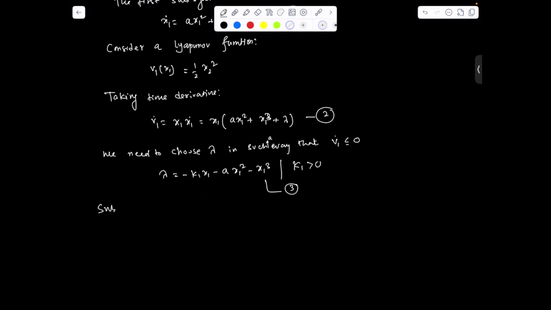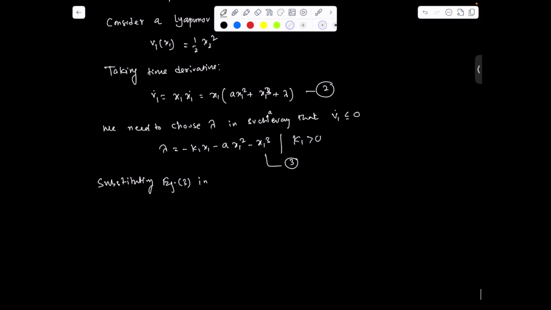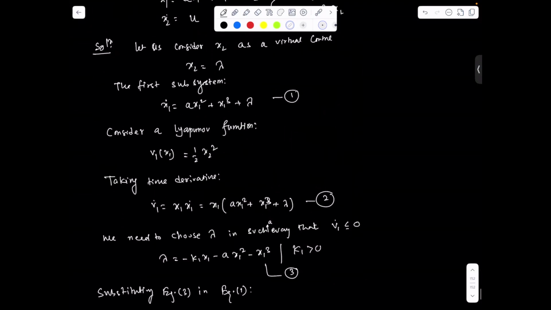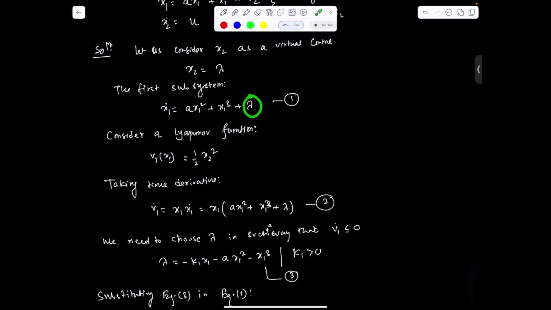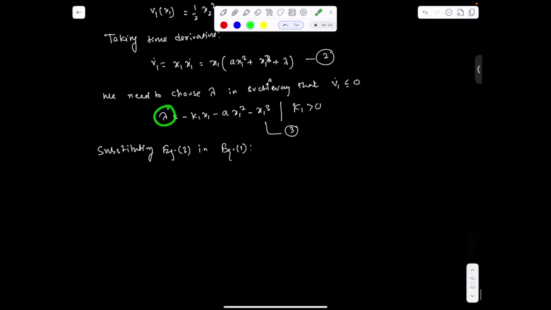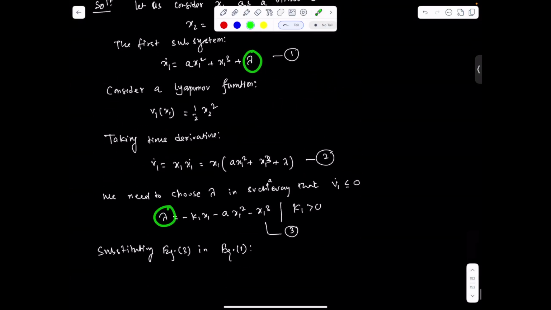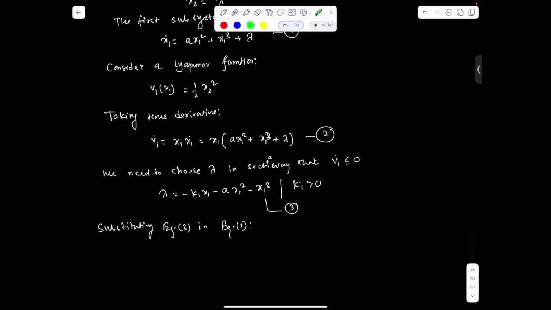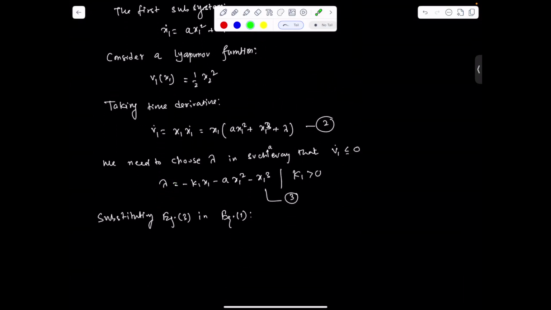So substituting equation 3 in equation 1, in place of lambda, we have, I think we have missed one more part here.